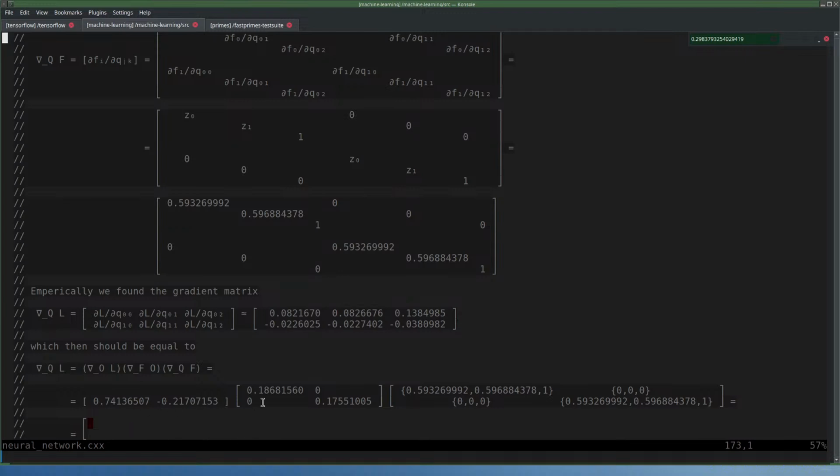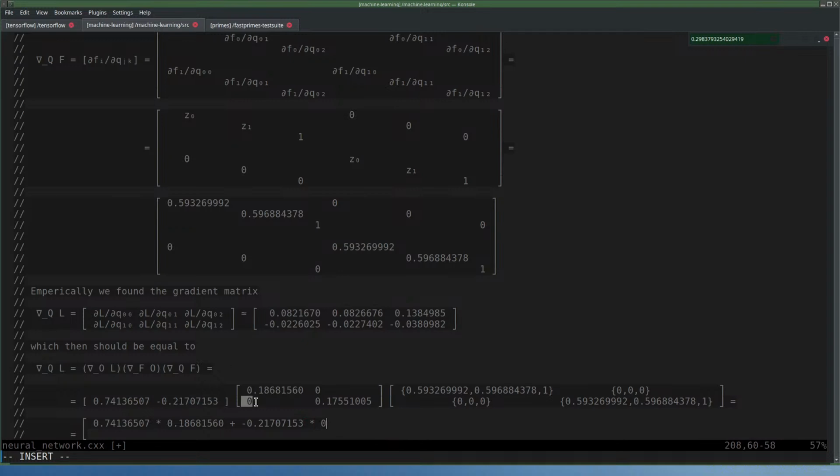So I think that if we multiply this with that, we just get that. Oops, what the hell? Where's my cursor? This value times that value plus this value times 0.